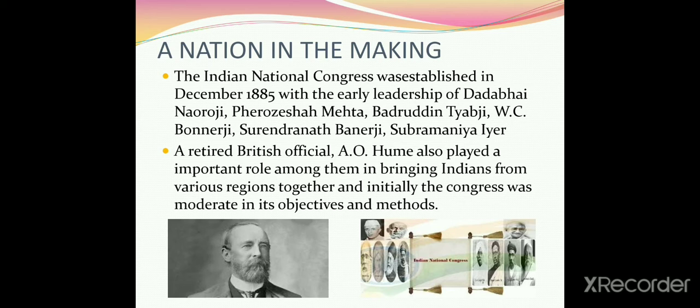The early leaders were Dadabhai Naoroji, Pherozeshah Mehta, Badruddin Tyabji, W.C. Bonnerjee, Surendranath Banerjee, Romesh Chandra Dutt, S. Subramania Iyer, and others, largely from Bombay and Calcutta. A retired British official, A.O. Hume, also played an important role in bringing Indians from the various regions together.